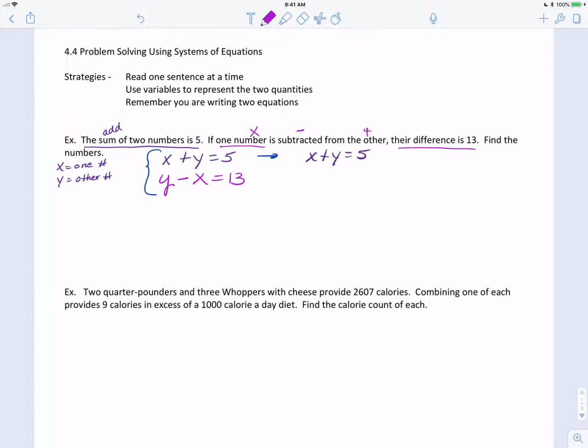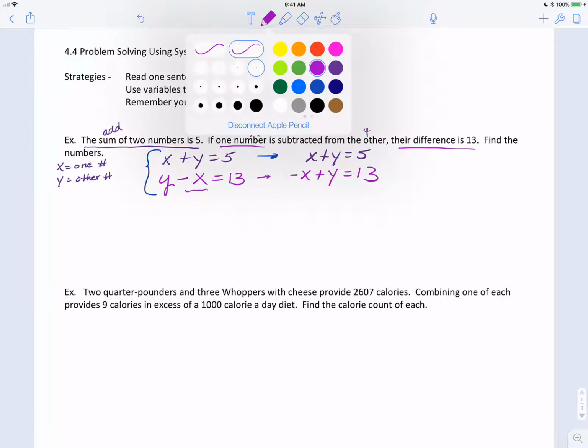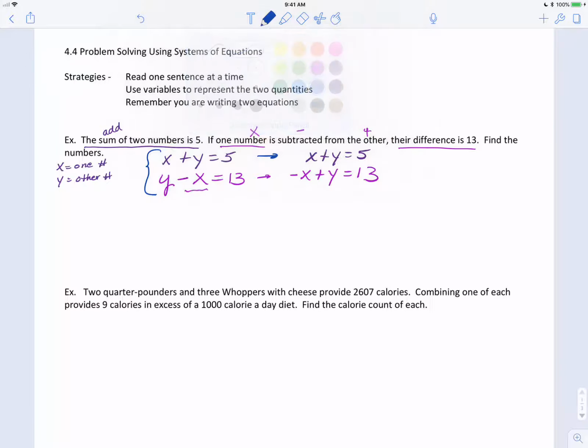Well, all we need to do there is just change that order. So that's negative x, positive y is equal to 13, okay? So all I did was take this term and put it first instead of the y term being first, okay? Well, look, we already have our x, one positive x, one negative x, so we don't need to do anything to manipulate these 2 equations. We're ready to go ahead and start adding.